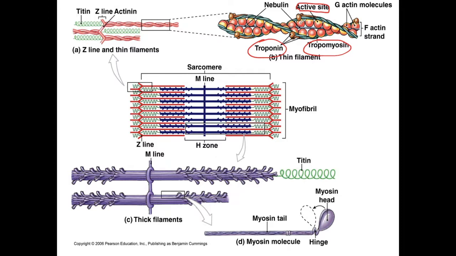And when calcium comes in and removes troponin and tropomyosin shifts, down below here at the bottom, we have these myosin heads that have the ability of flicking, because there's a hinge joint right there. So it can move. Once it attaches, it can flick, sliding actin. When it slides the actin, it creates a contraction.